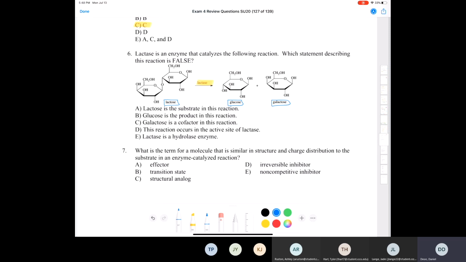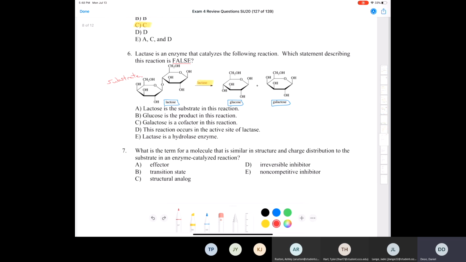Those are the two monosaccharides we get when the disaccharide lactose undergoes hydrolysis by the enzyme lactase. Let's take a look at the answers and see which one of these is false. Remember, we're looking for the false answer. It says lactose is the substrate. That is true. This is our substrate, which would bind to the active site in lactase, our enzyme.